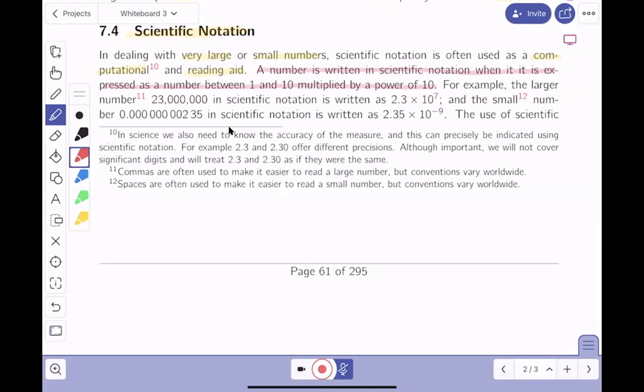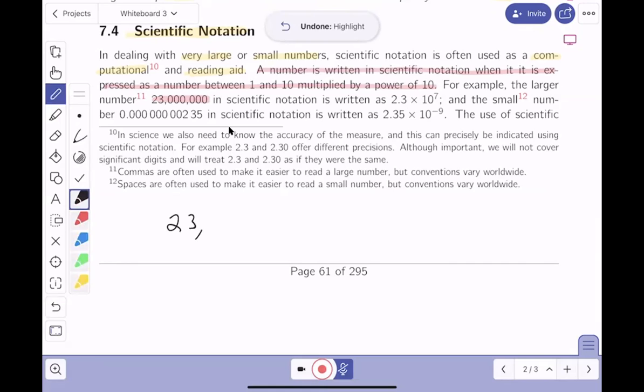We'll do an example. For example, a large number like this one over here. Well, I'm going to look at this number. I'll write it down for you. It's 23 million. All right, I'm going to write this down as 2.3 times 10.